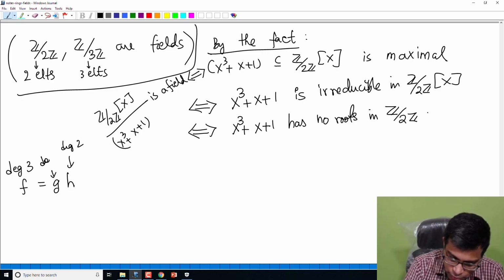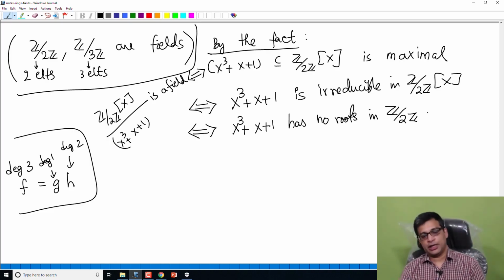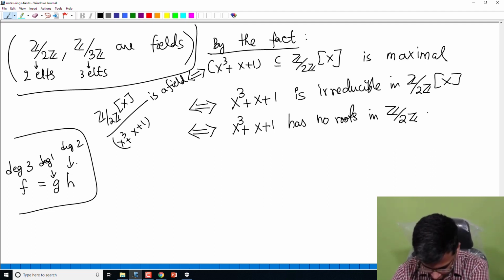This is the only possible breakup of the degrees, because for a valid factorization both must have degree strictly smaller than 3. They are positive numbers, so they are 1 and 2.